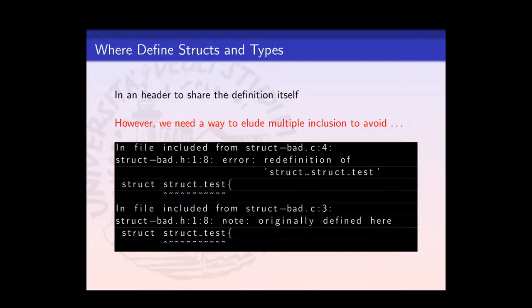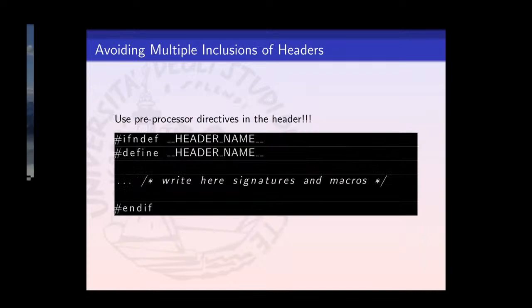So how can we handle it? We already mentioned the solution. The solution is to use the preprocessor. In each header, before defining anything, before defining the signature of a function, before defining a new struct, you check whether the header has already been read by the compiler.